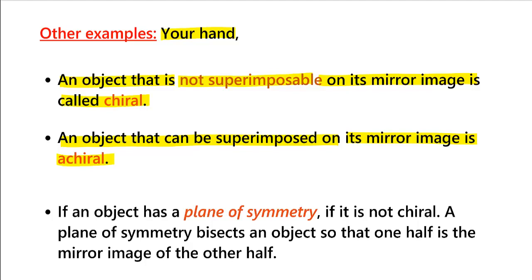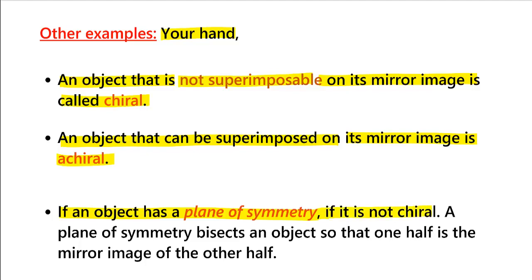So how do we find whether an object is chiral or not? Chiral means non-superimposable. You will have a non-superimposable object only when you don't have any plane of symmetry. So I can say if an object has a plane of symmetry, in that case it is not chiral.